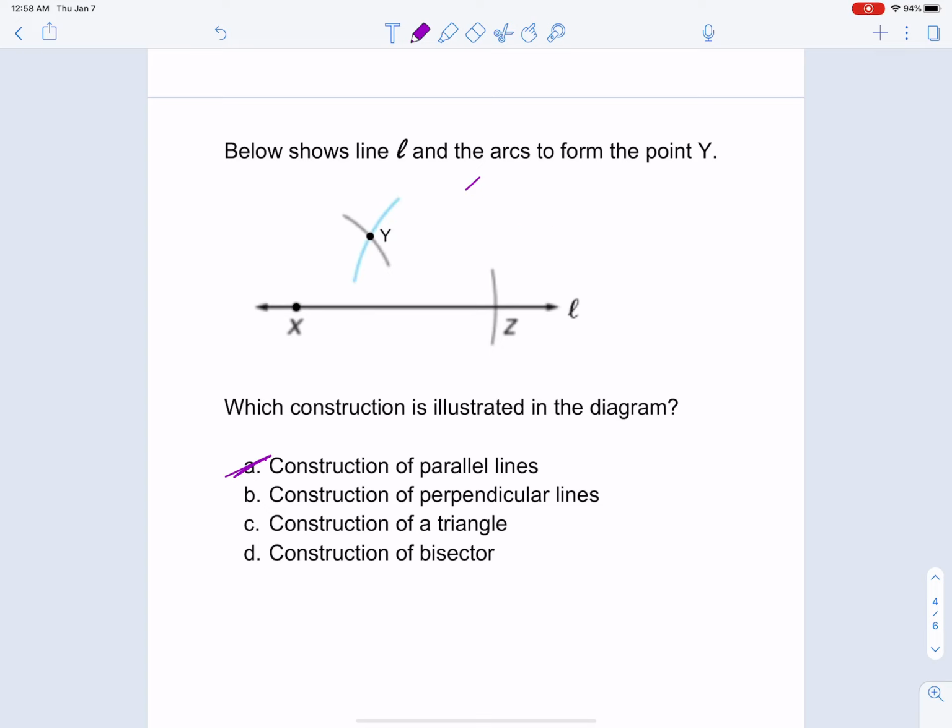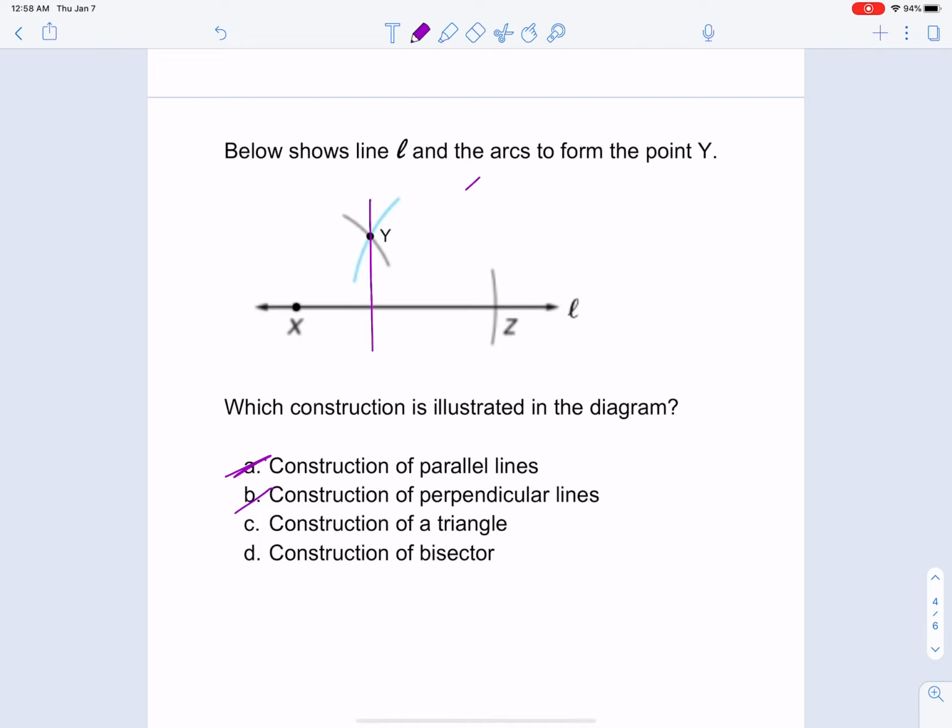No. Construction of perpendicular lines: is there a perpendicular line forming anywhere? No. Construction of a triangle: can we see a triangle happening? Maybe, yes. Who knows?